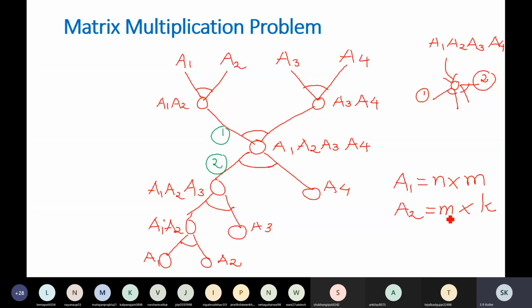In A2, the number of rows is m and the number of columns is k. So what should be the dimension of the multiplication of A1 and A2? n by k. So the dimension of A1 A2 will be n by k.